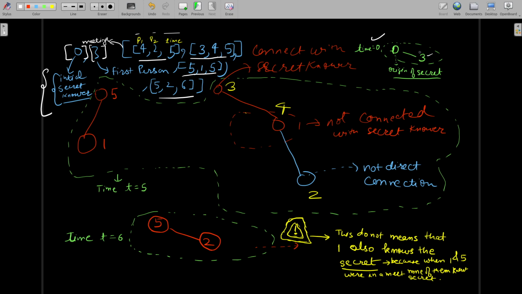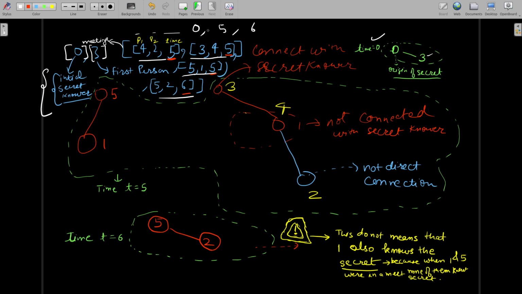Okay, now 3 is connected to the secret knower. Then comes time t equal to 5. Time will be going in a sequential manner, the 0th time and then the 5th time and then the 6th time. Why am I missing the times in between? Because I have not taken any values for time in between, so there are only these values 5 and then 6.